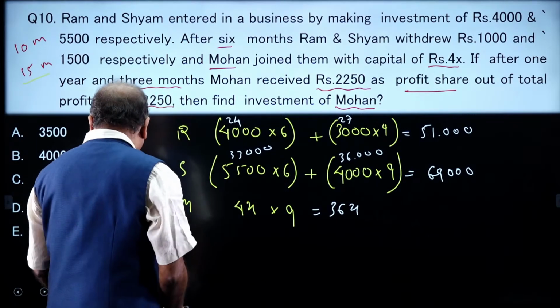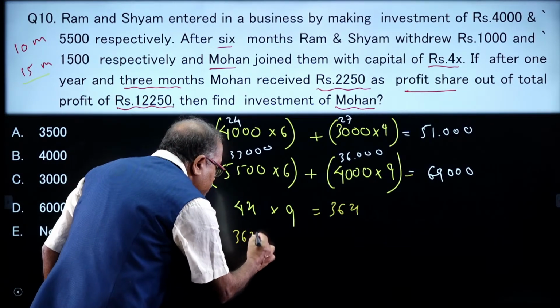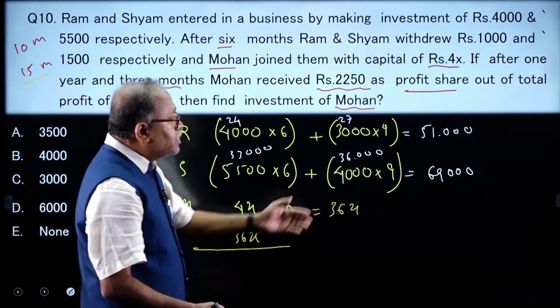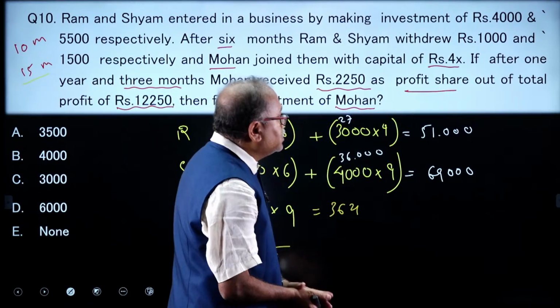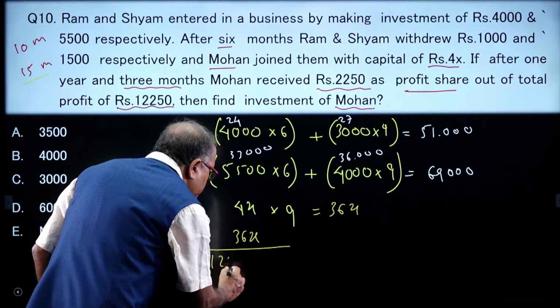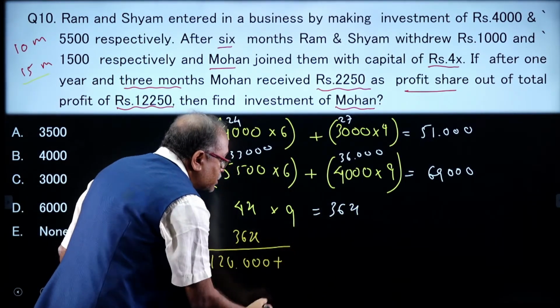Let me write it down over here. Mohan's capital is 36x by what will be the total capital? The total capital will be 51 plus 69, that comes to 120,000, plus 36x.